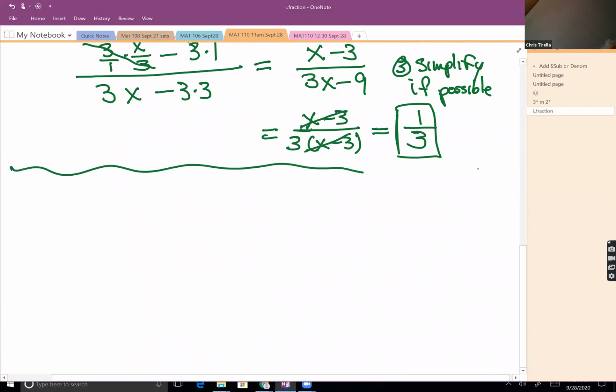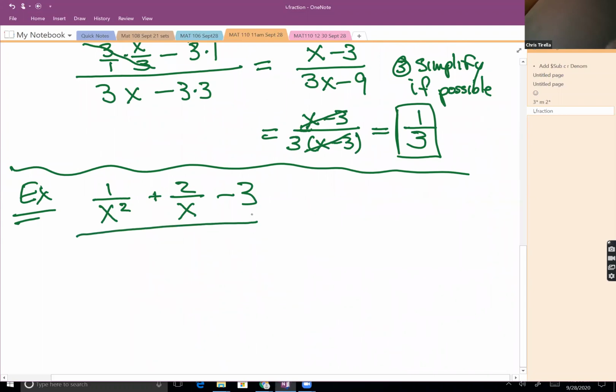This time, let's look at 1 over x squared plus 2 over x minus 3 over 1 over x squared plus 1.